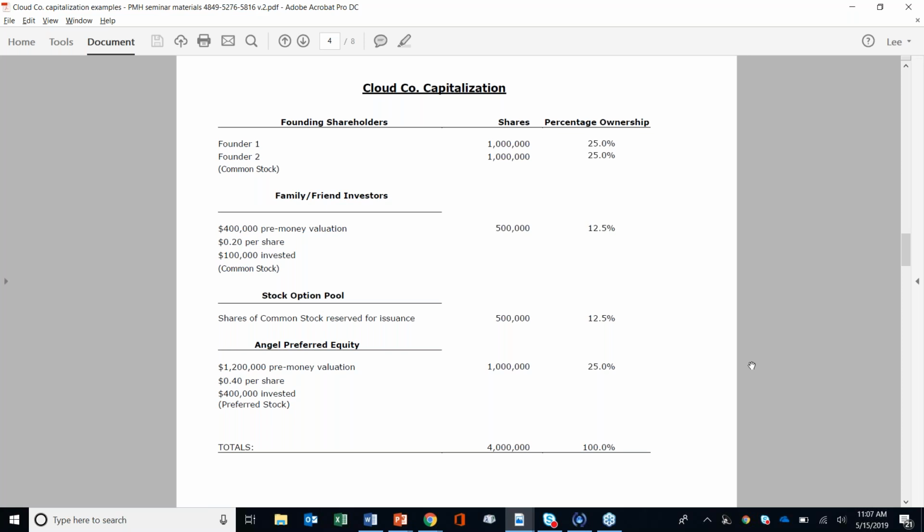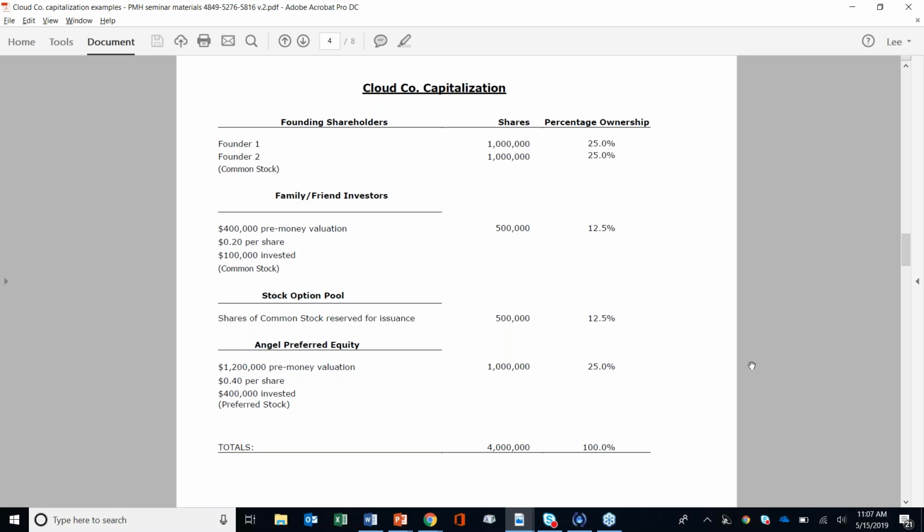I didn't mention it expressly, but the prior investment and the founding shareholders and the option holders all have common stock. So their rights are the base level rights that you have in a company with respect to common stock. The difference between preferred stock and common stock is for a more detailed seminar. We're going to talk about the basics of preferred stock.